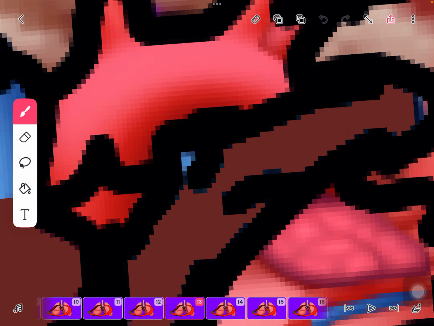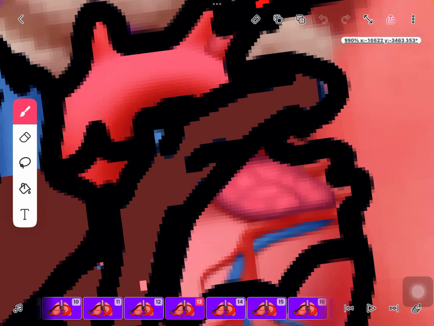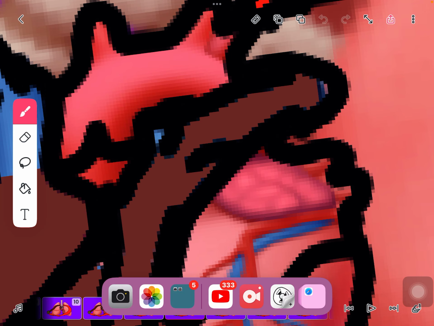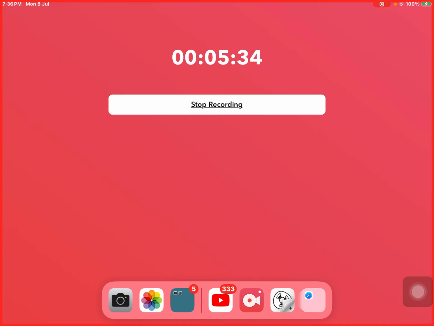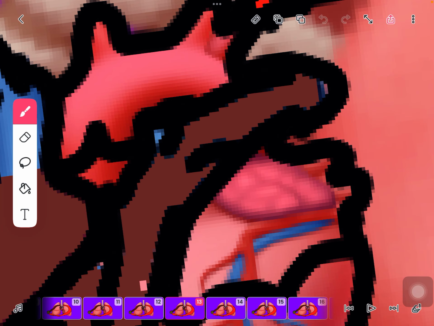And then the blood goes through the pulmonary valve to the lungs. The pulmonary valve is called the pulmonary valve because it's the only valve which is in the pulmonary blood vessel. So yeah.